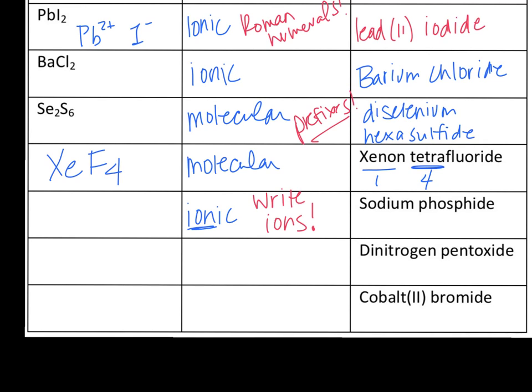And so if I write these ions down, I would have sodium is +1 and phosphide is -3. So if I balance that out, I have to have 3 pluses for every single one of these, because it's 3 negative, and so if I have 3 sodiums, that would give me 3 pluses, and so it's going to be Na3P.